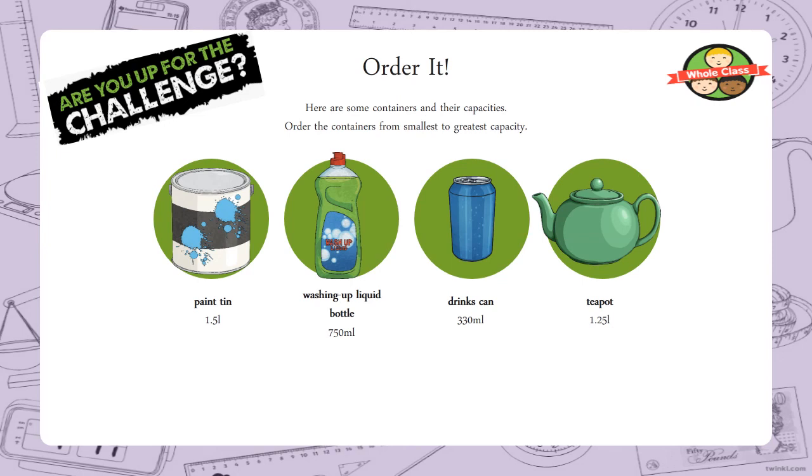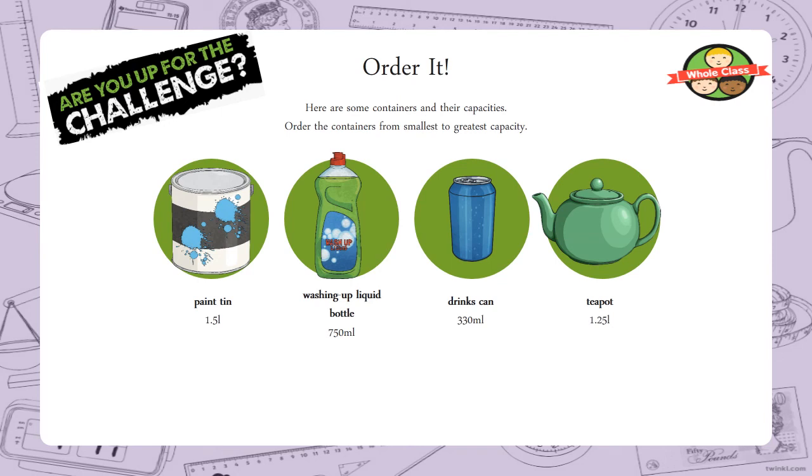And can you give me another item here smaller than liter? Good, 330 milliliter. So now for these in milliliters, both are smaller than liter. Okay, so tell me which one is smaller, 330 or 750 milliliters? 330. Excellent. So this is now the smallest.